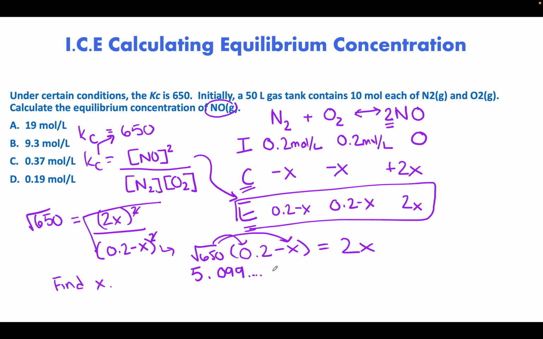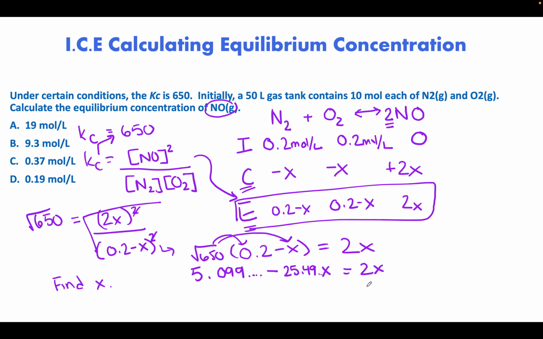And then it will be minus, and then the root of 650 times x was 25.49. Again, we'll keep those decimals in the calculator, and then x belongs with that. And that will equal 2x.